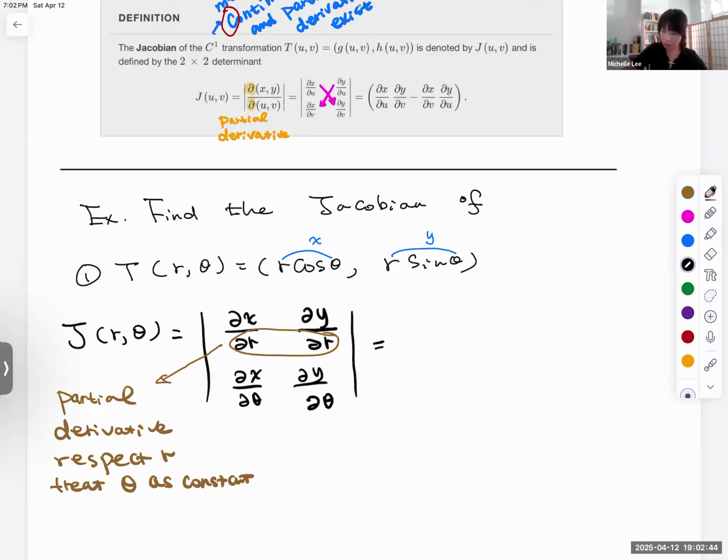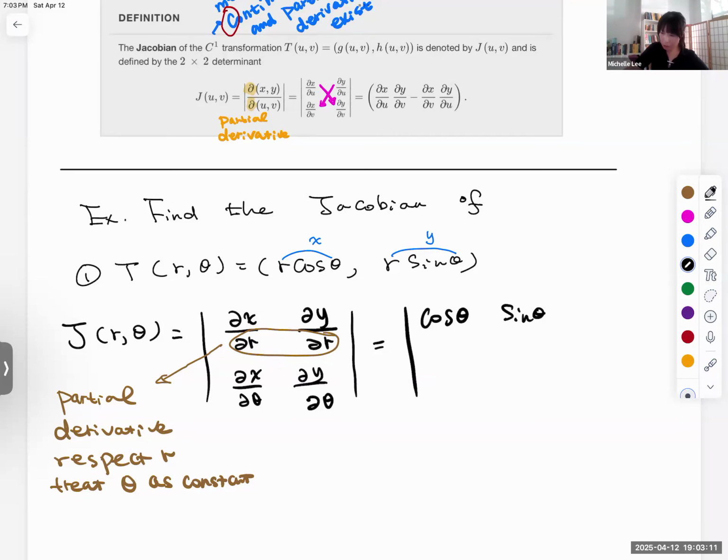Okay, so let's do it. Derivative with respect to r. Theta is constant, so we keep the constant, so cosine theta, right? And then same concept, we take the derivative with respect to r, and sine theta is constant, so we keep that constant, right?